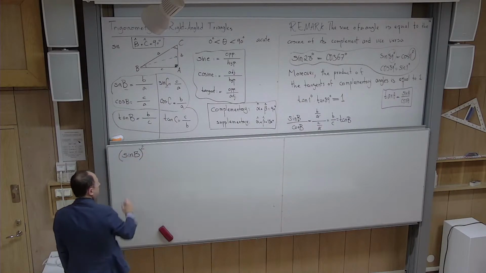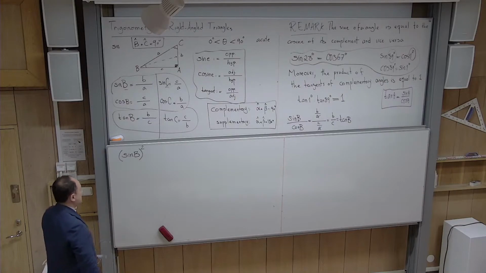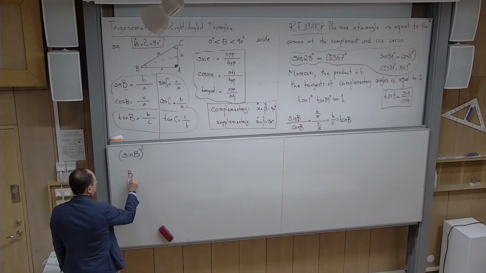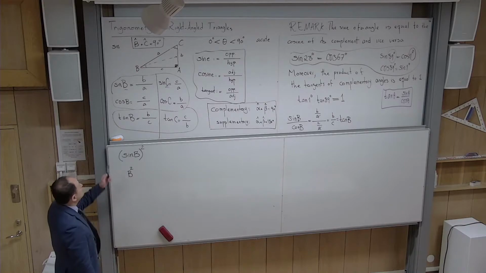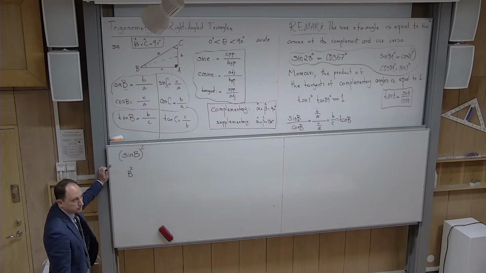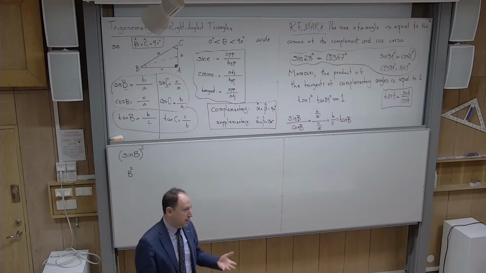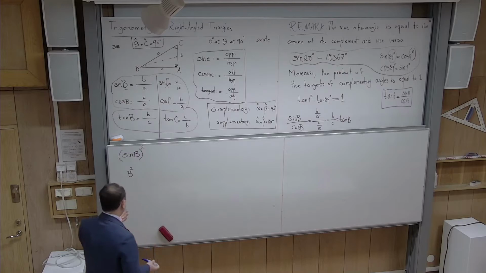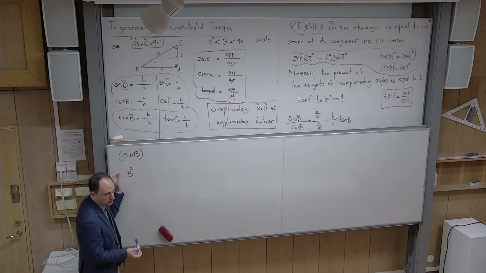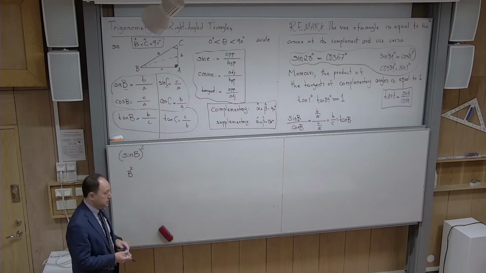Is this meaningful? B is that angle, but is this meaningful? No, because angle to power 2 is not meaningful, yes? What does it mean by an angle to power 2? Unless you mean the measure of the angle to power 2, then in that case it is meaningful.